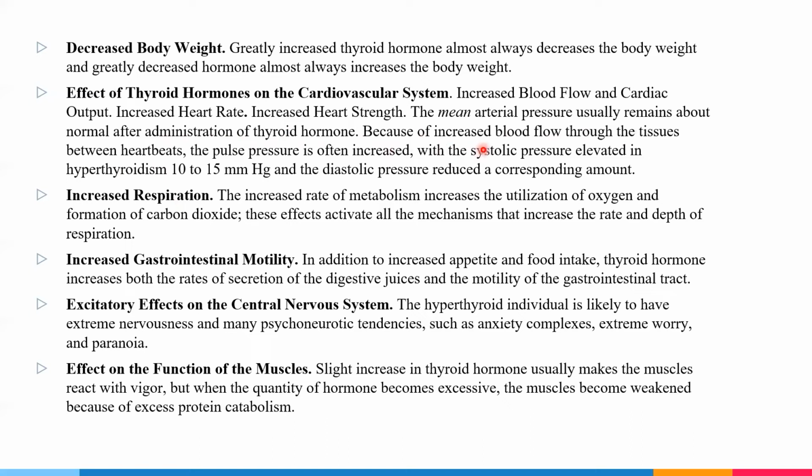Because of increased blood flow through the tissues between heartbeats, the pulse pressure is often increased, with the systolic pressure elevated in hyperthyroidism 10 to 15 millimeters of mercury, and diastolic pressure decreased a corresponding amount.